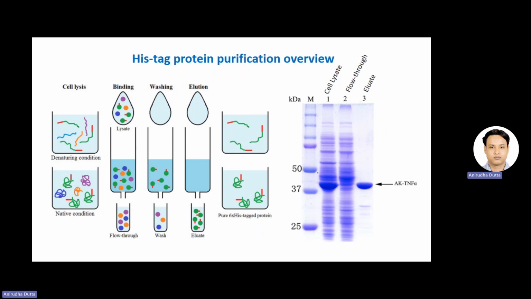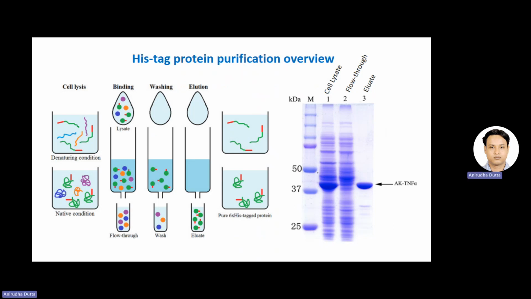Then we have to pass that solution through a nickel matrix. In that condition, the column would bind specifically the protein that has the histidine tag, and in the flow-through we get the proteins which don't have a hexahistidine tag.